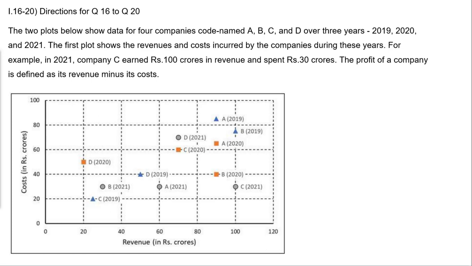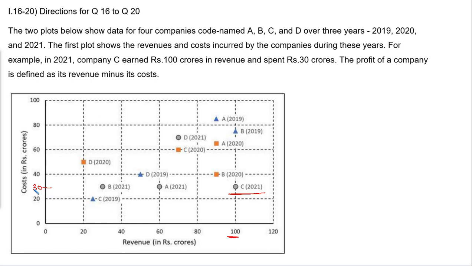For example, in 2021 company C earned a revenue of 100 crores, and the spend is 30 crores. The profit of a company is defined as its revenue minus its cost.